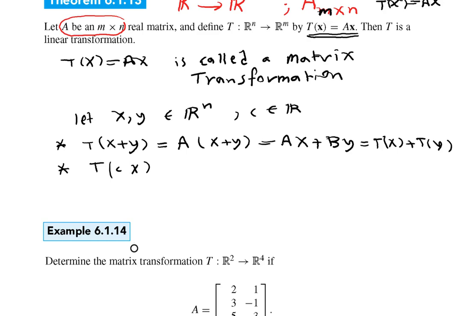It's x such that x is actually in R to the n. That will end up as the matrix A multiplied by your input, which is a scalar multiplied by x, which is going to end up c A x, and that is c times the output T of x.